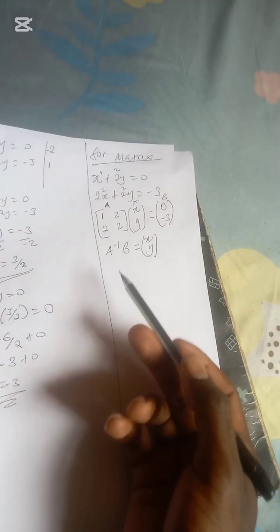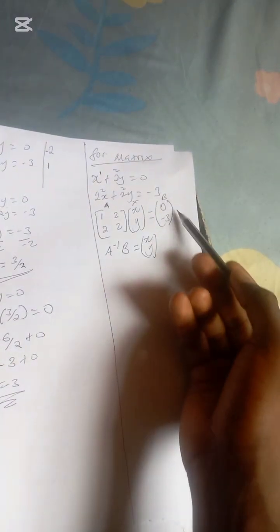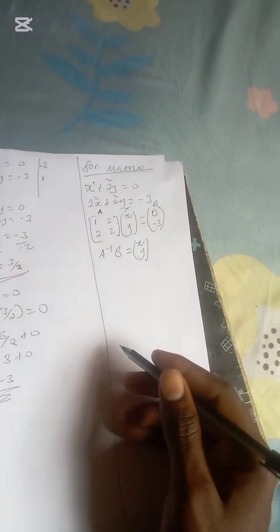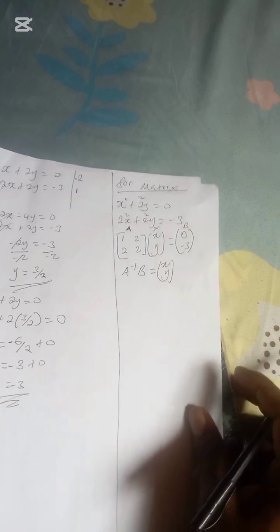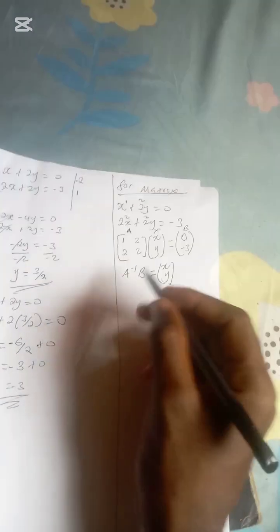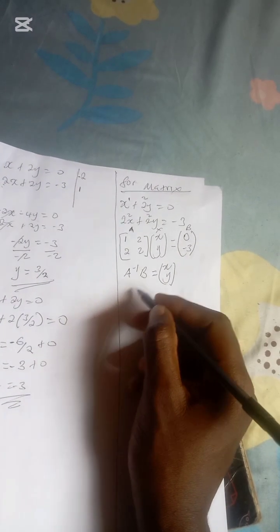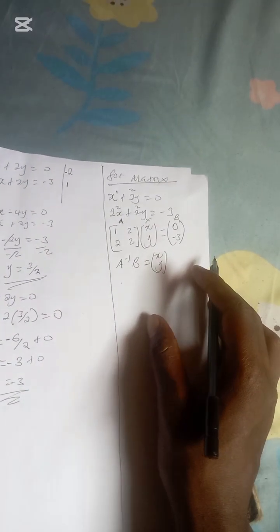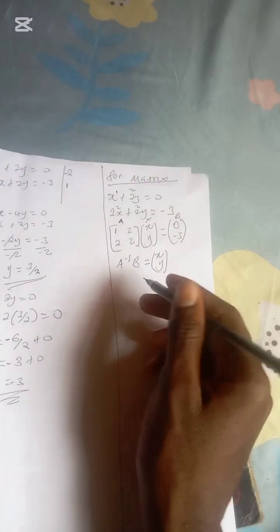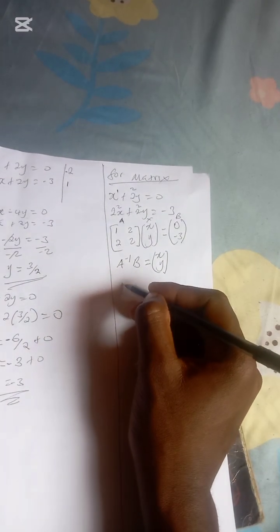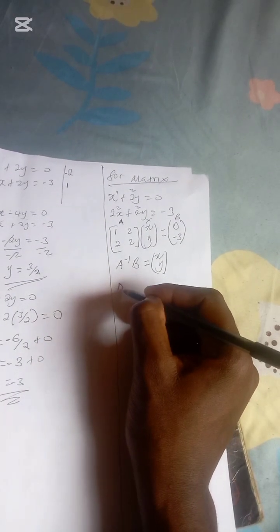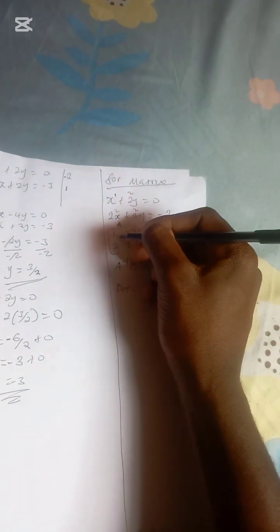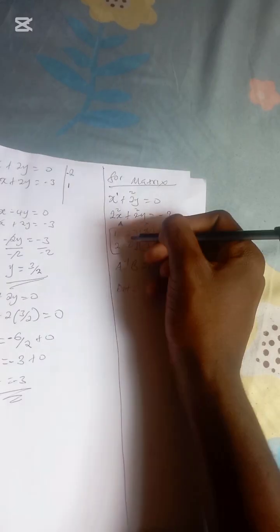So we need to find the inverse of A times B. First, we need to find the determinant of A and the inverse, then we multiply by B. For the determinant, it is this times this minus this times this.